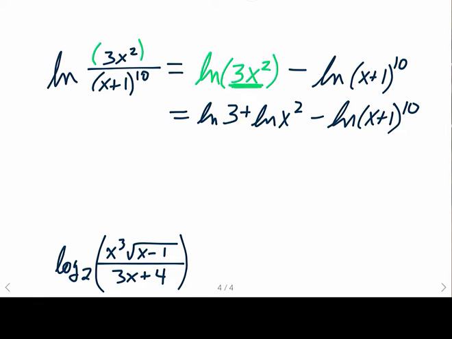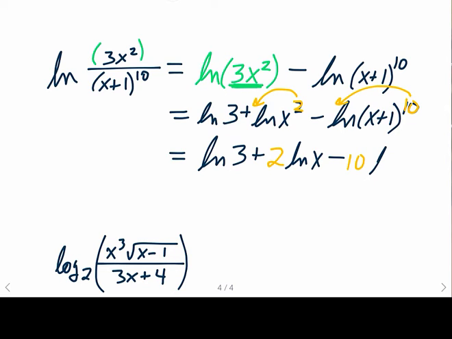Now, each of the exponents that we see, i.e. x squared, x plus 1 to the 10th power, comes out front as a coefficient. And so we have the natural log of 3 plus 2 times the natural log of x minus 10 times the natural log of x plus 1.